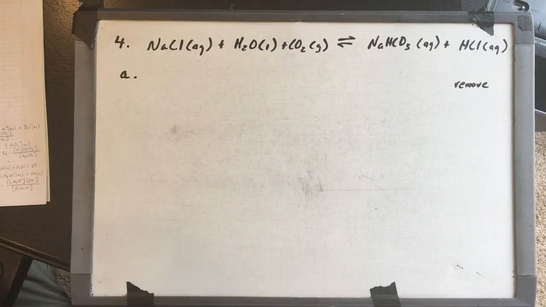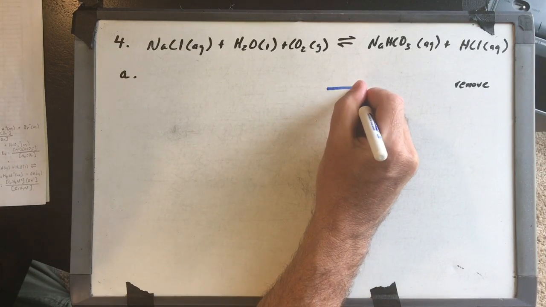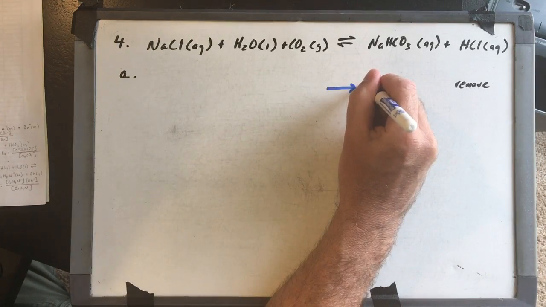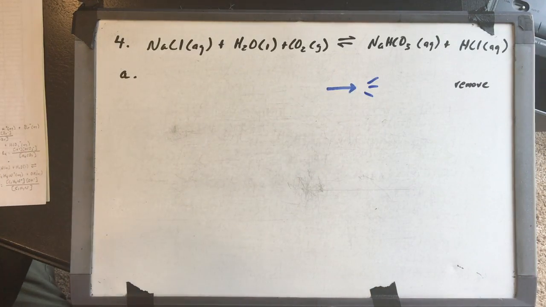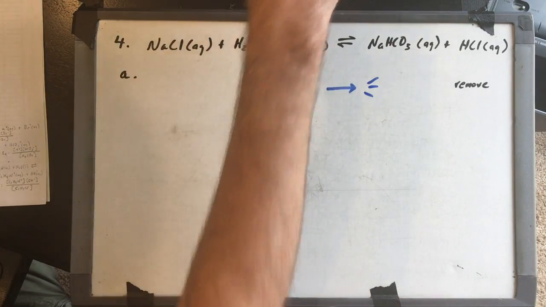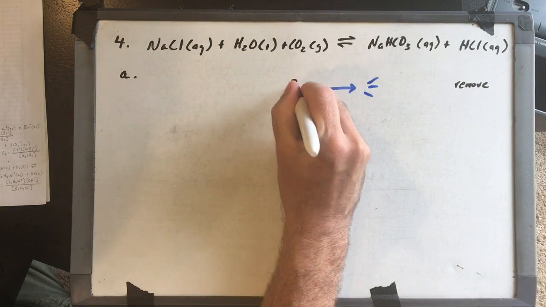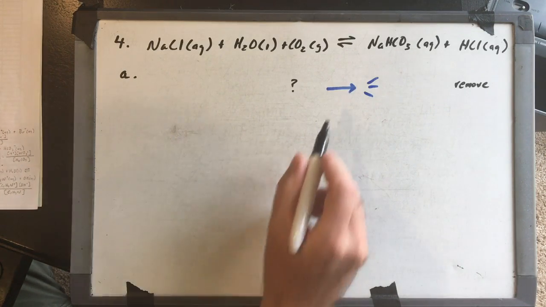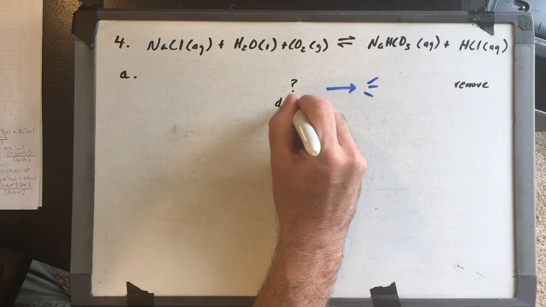So the left side would win, and the side that wins gets the hose. All right, so they get to point the hose to the other side. So we want to know, in this case, what happens to the concentration of CO2. All right, so if CO2 is on the left side and the hose is pointed the other way, CO2 will decrease.